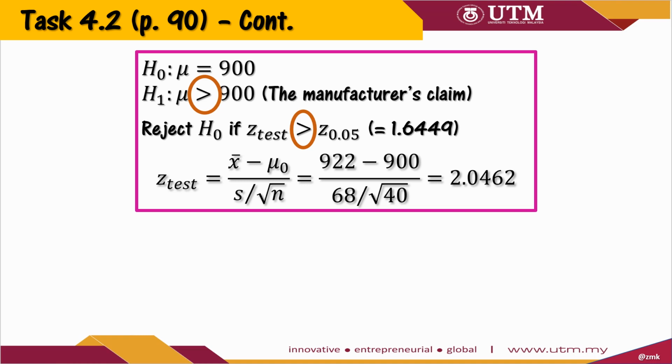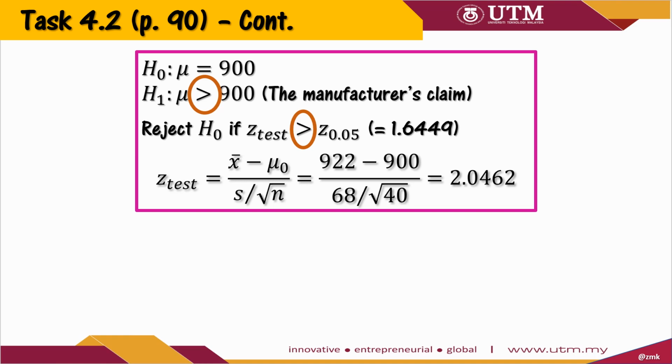We do not use sigma in the denominator this time because sigma is unknown. Instead, we estimate or substitute sigma with the sample standard deviation S. The value of z-test is then 2.0462. Based on this value, we can now make a comparison between the z-test and the critical value before making a decision.